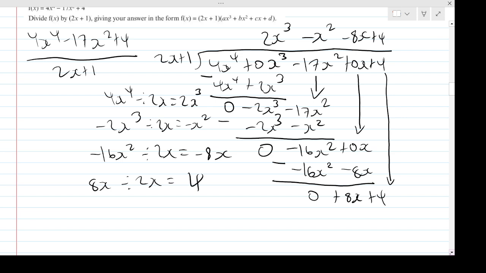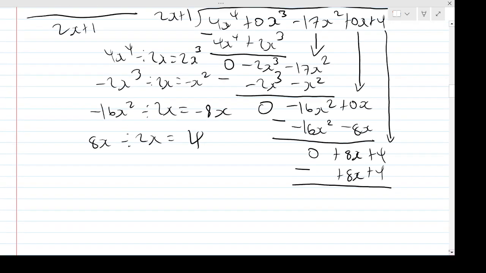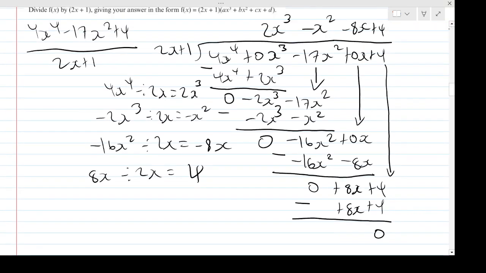Then I multiply the 4 by all the terms outside the bus stop: 4 times 2x is plus 8x, and 4 times 1 is plus 4. If I take them away, 8x take away 8x is 0, and 4 take away 4 is 0. So I'm left with just 0 at the end. There's nothing more to bring down, so we're done.